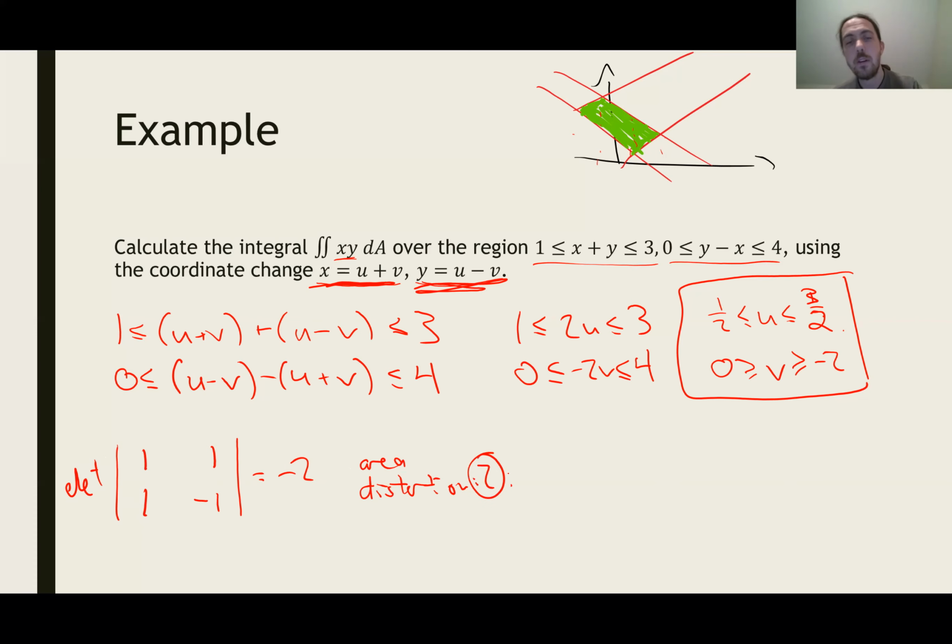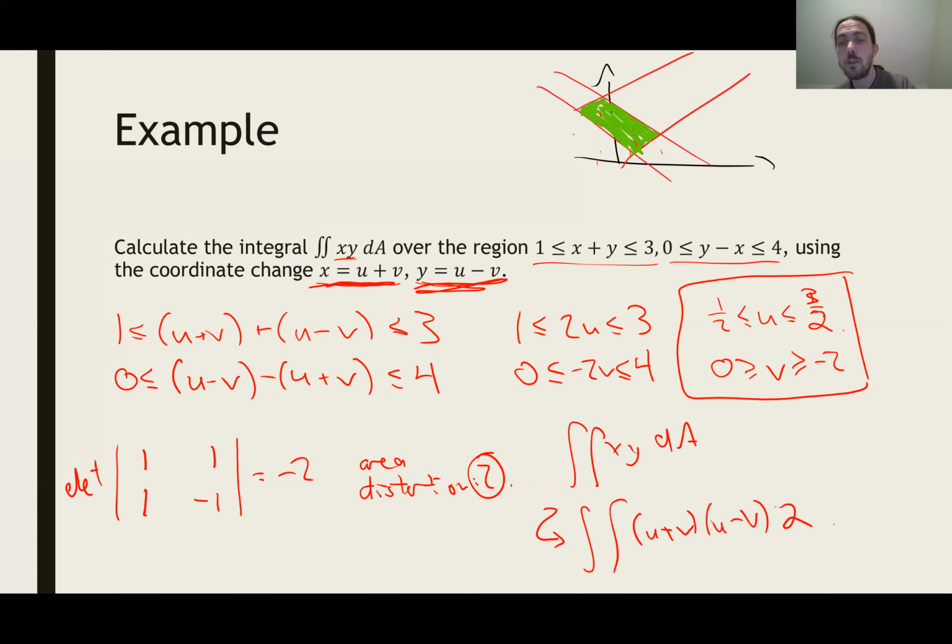So what we do is we take this double integral of xy with respect to area, and we turn it into the double integral of x, which is u plus v, times y, which is u minus v. We throw in our area distortion factor, which is 2, and then we set up the bounds of integral du dv. u goes between 1/2 and 3/2. v goes between -2 and 0.